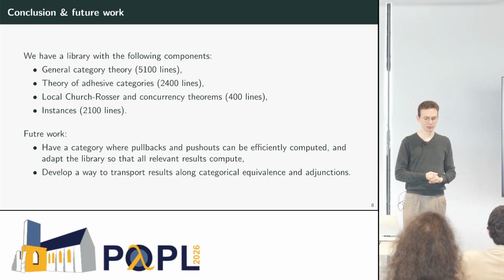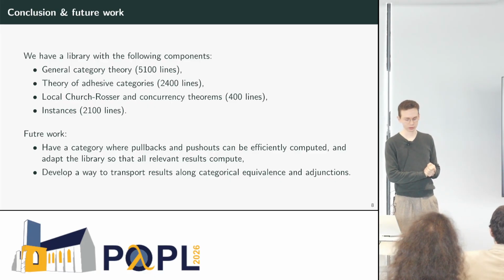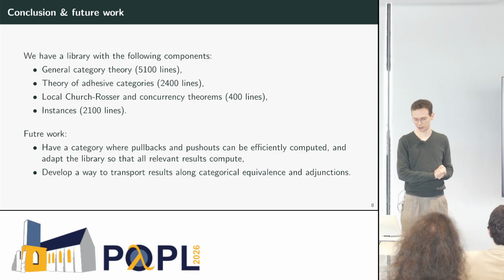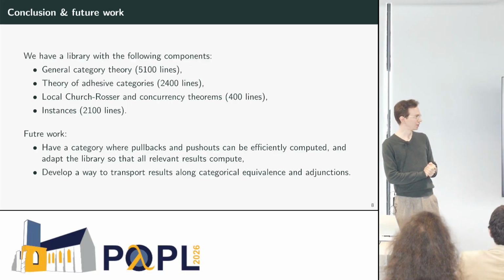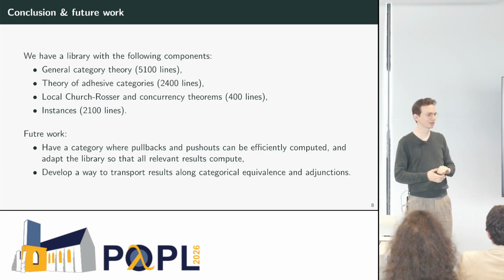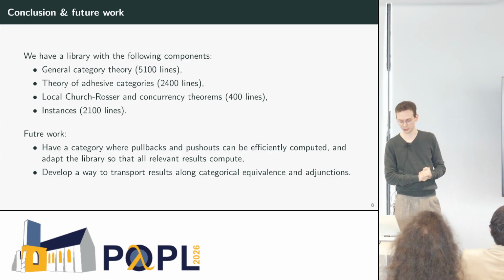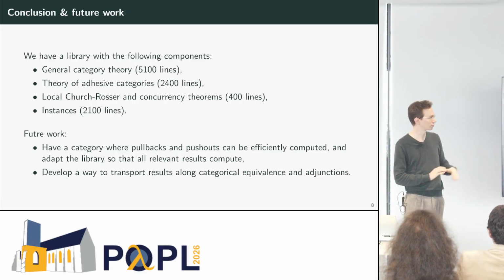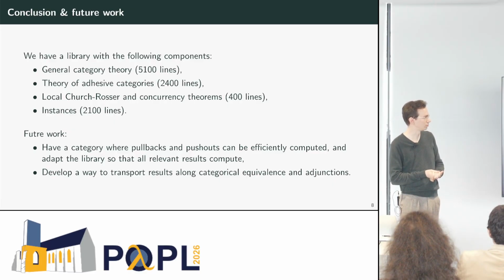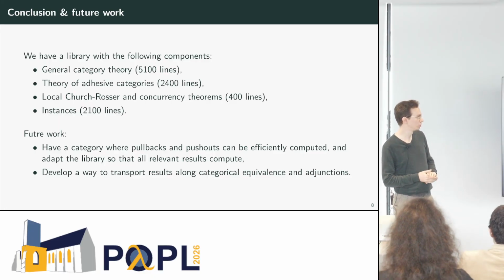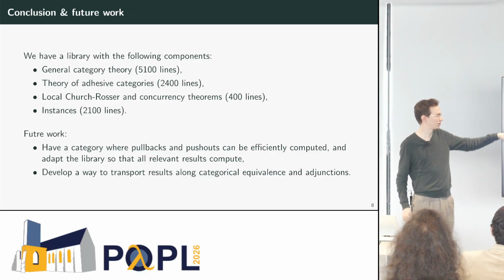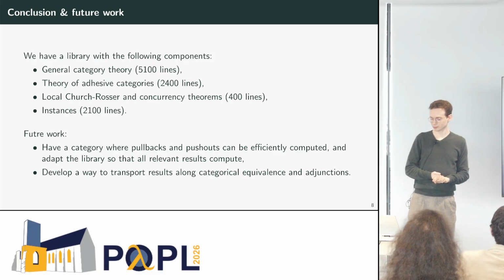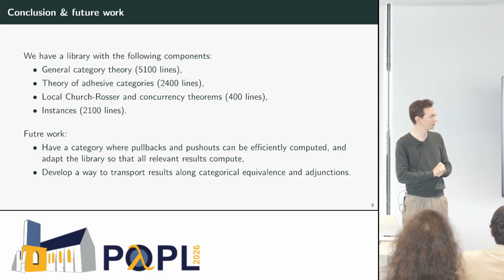We have a library with, first, some general category theory without any axioms, which is a bit more than 5,000 lines. Then specifically, we have the theory of adhesive categories, still without any axioms, which is 2,400 lines, more or less. The proofs for the local Church-Rosser and concurrency theorem were, I think, 400 lines in total.